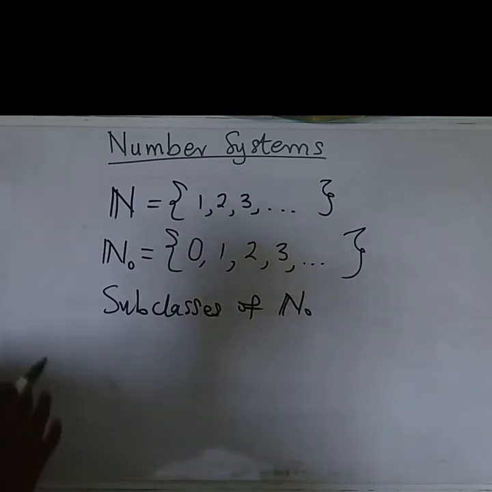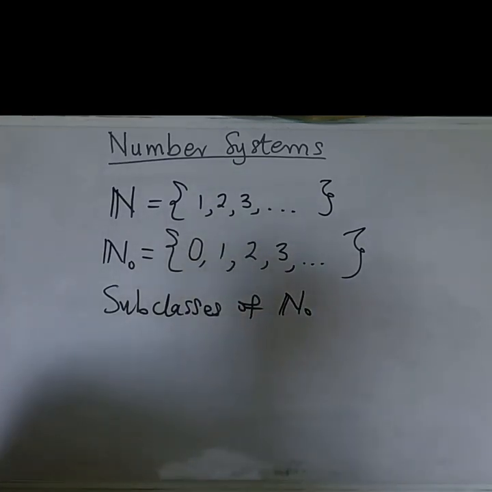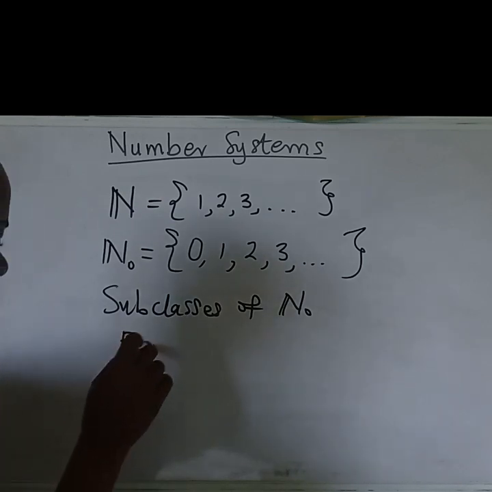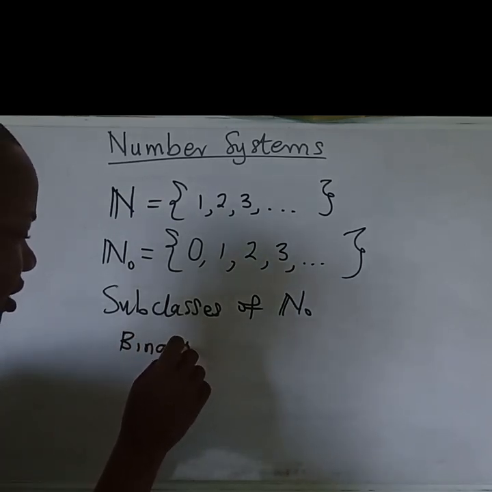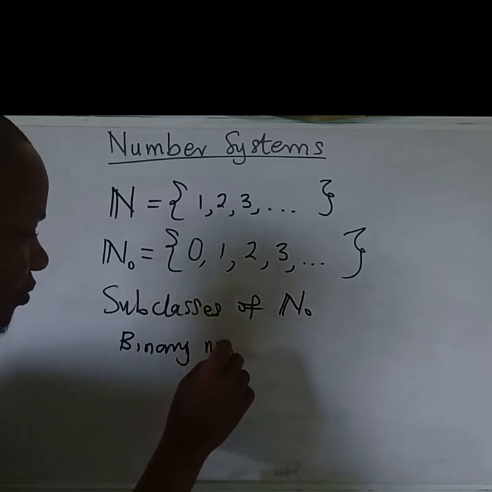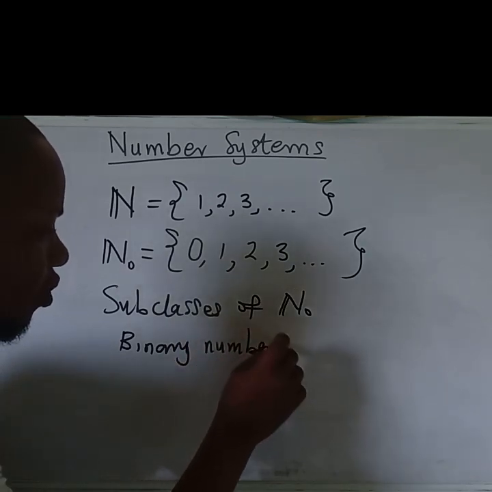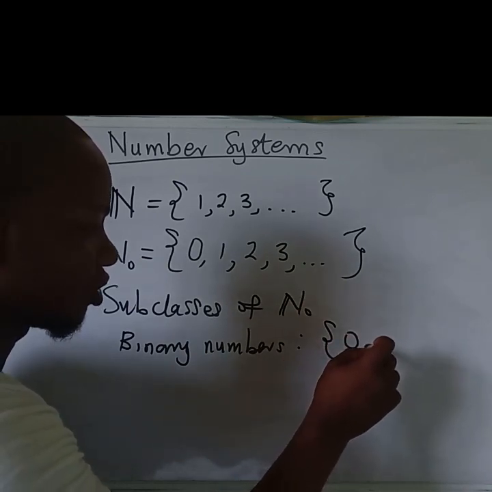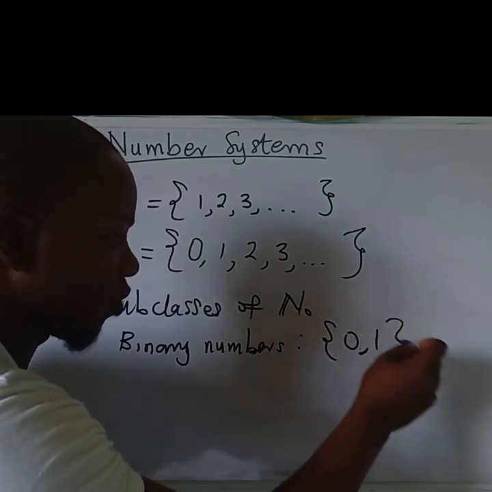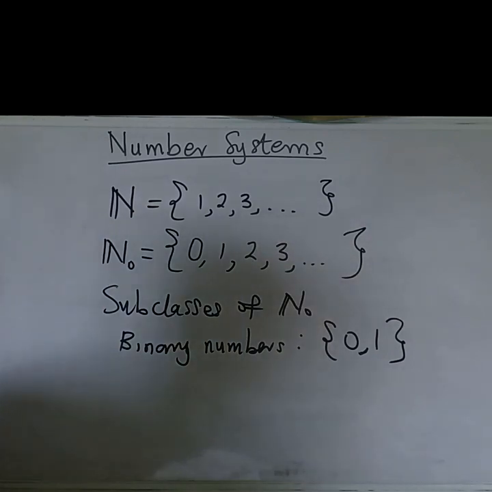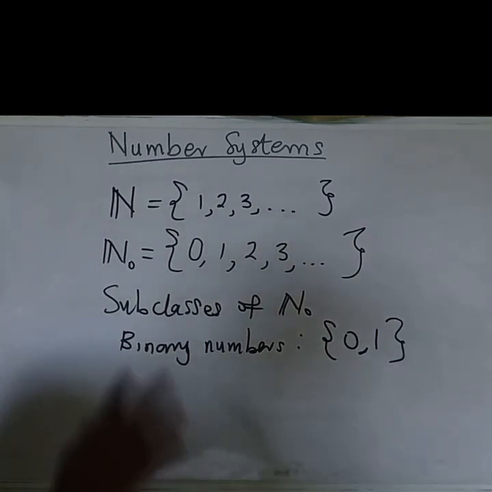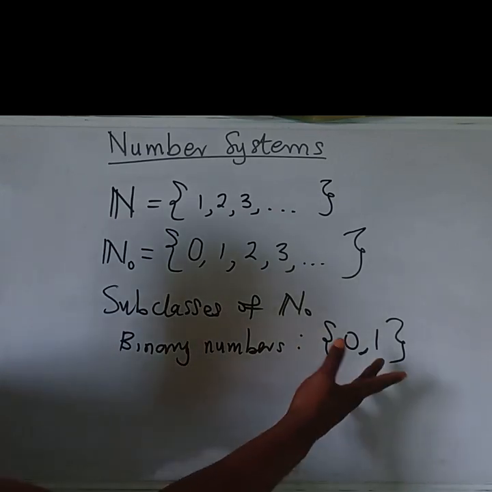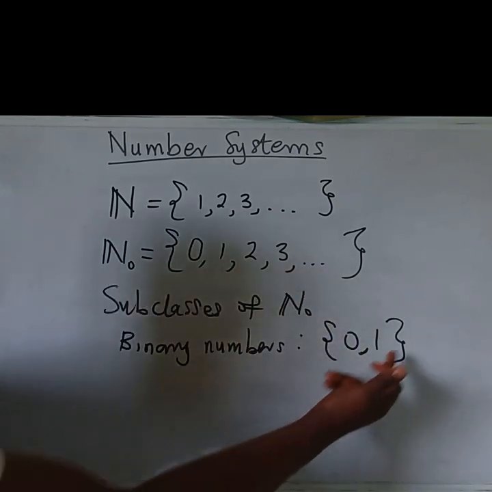The first among them is the first two numbers that we have here. Okay, so the first two numbers is what is referred to as the binary numbers. Okay, and this is a set of 0 and 1. Okay, this is one of the subsets of this number, and though the whole set is infinite, you can say this is finite.